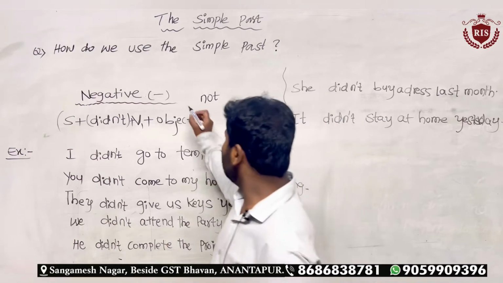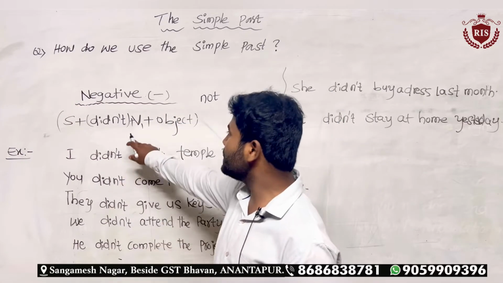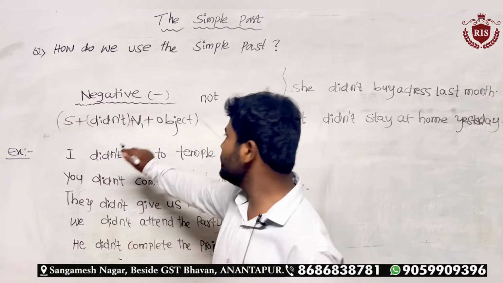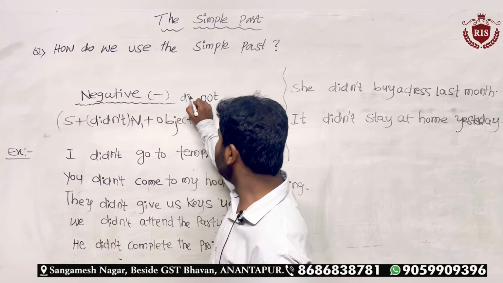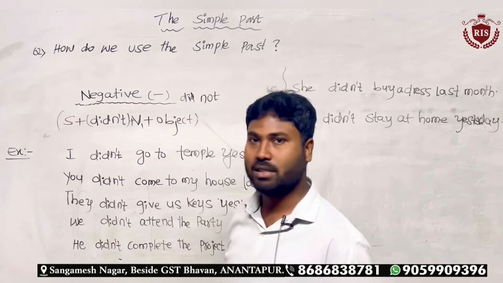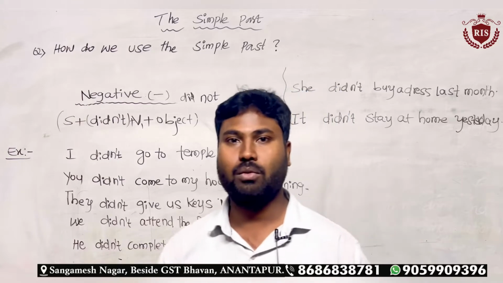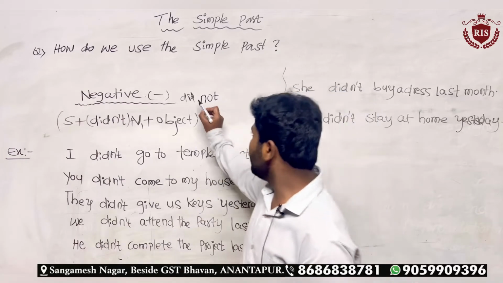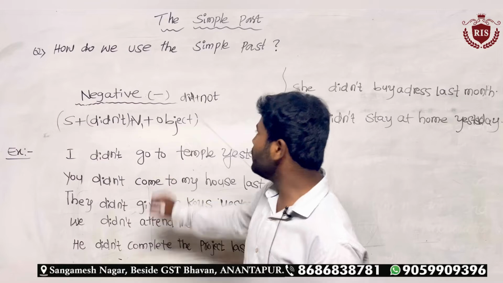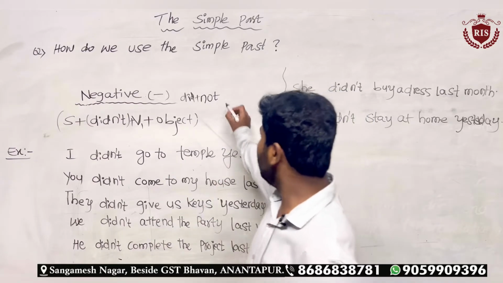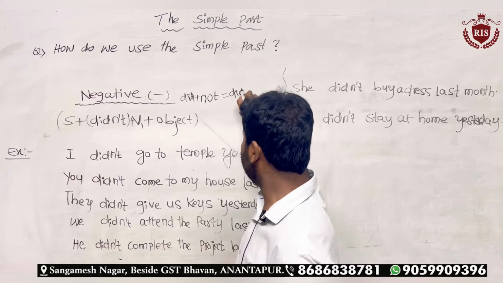And also here, what auxiliary do we use in the simple past that we learnt? We use the did auxiliary in the simple past. So in the negative sentences what do we do? We add not to the did auxiliary, so it becomes did not.